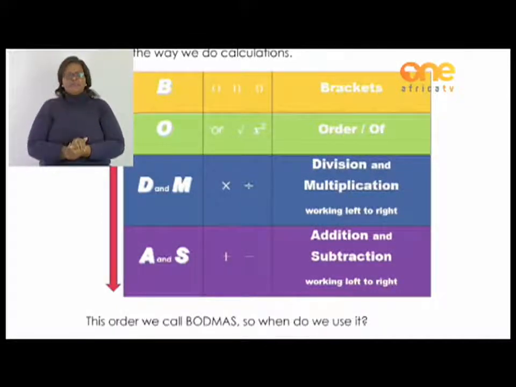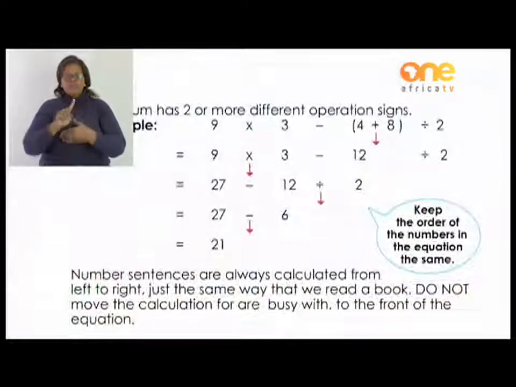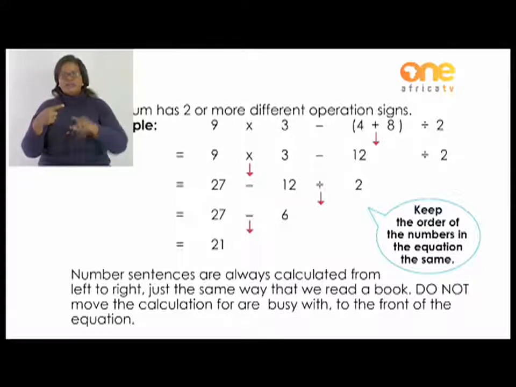We can turn to page 14. When a sum has two or more different operation signs, that is when we use BODMAS. Our first example there: 9 times 3 minus brackets 4 plus 8, close your brackets, divided by 2.